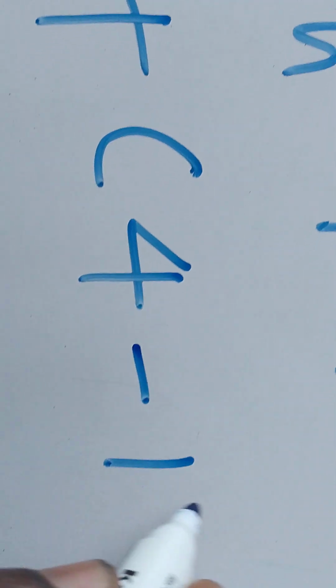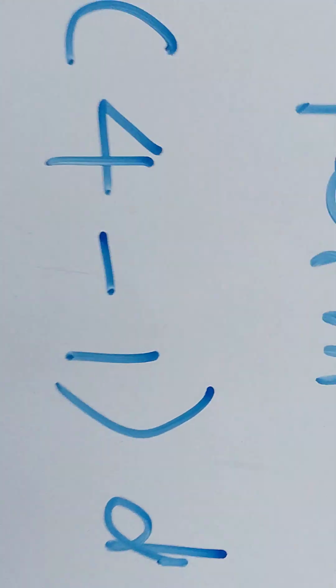Now to find the fourth term. For the fourth term of the AP, we have that T4 is equal to A plus 4 minus 1 times D, which will be equal to A plus 3 times D, because 4 minus 1 is 3.